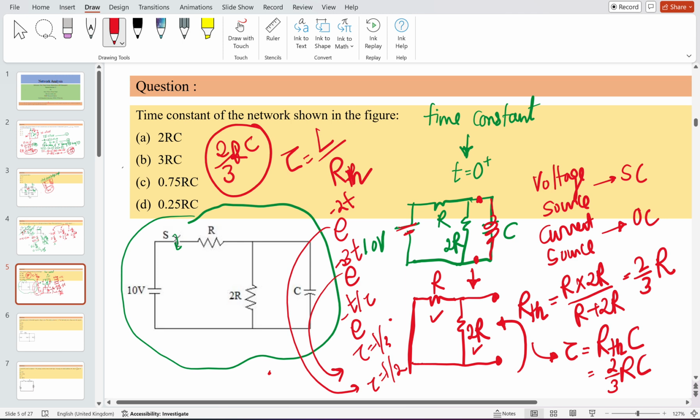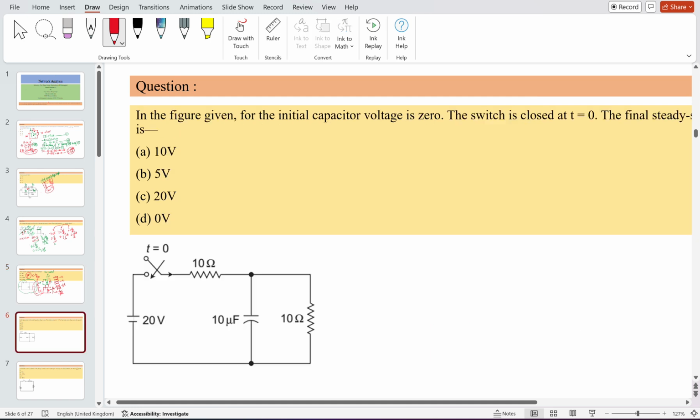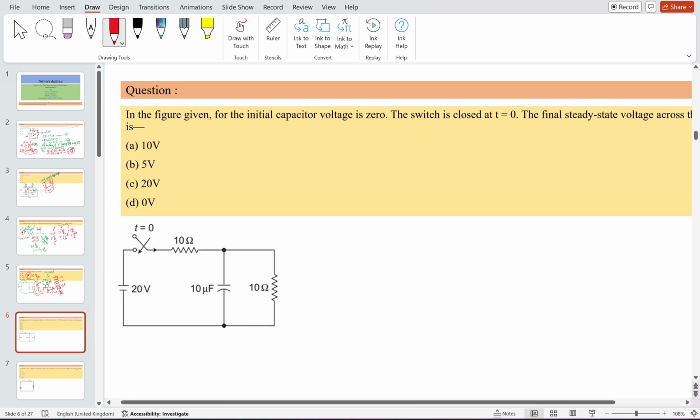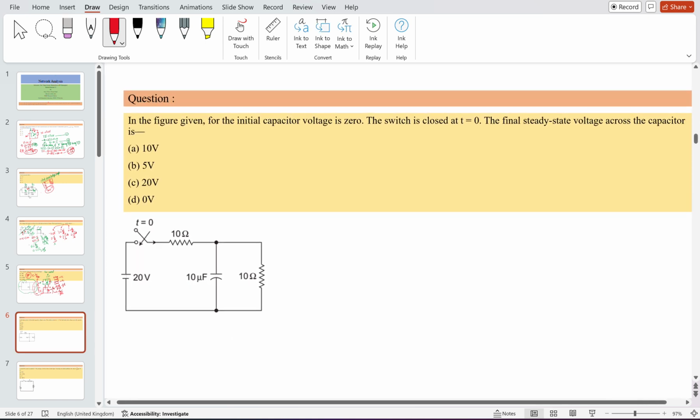Let's move forward and see a different kind of problem, which is also an important concept. Try to solve this problem.